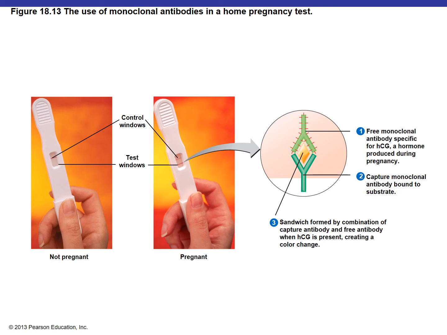As the urine is being drawn through the strip, it first hits these antibodies, and they're actually the antibodies that are linked to the color, directed against the HCG.